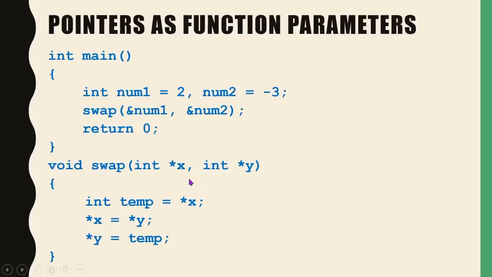This shows a program example of sending memory addresses to a function, and what this function is going to do is actually swap the contents in two variables. So in the main function, we have num1, which holds 2, and num2, which holds -3.